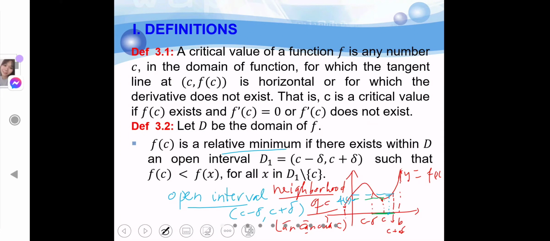The first, the number c belongs to the domain of the given function. The second, there exists an open interval, a neighborhood of c, such that the value of the function at c is less than the value of the function at every other point in this neighborhood.